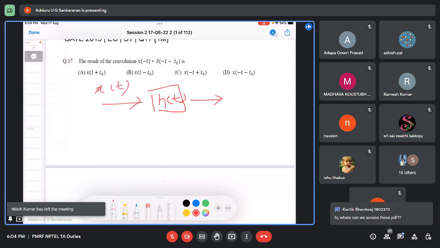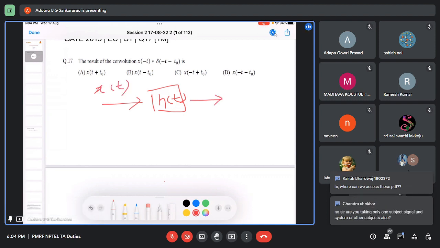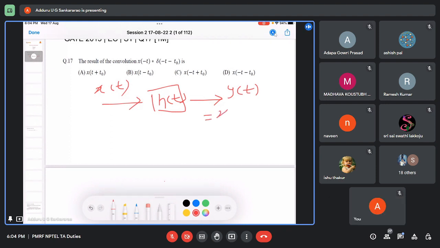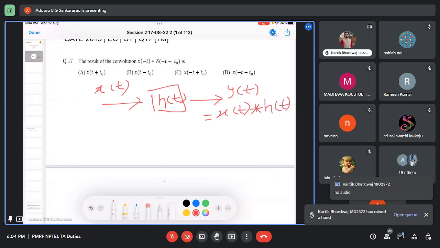The signal is passing through the system. Let us say y of t is the output. Then y of t is given by the convolution of the input signal and the system, right? This is where we use the convolution.